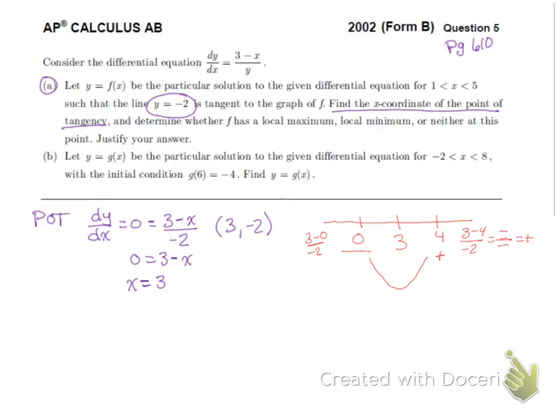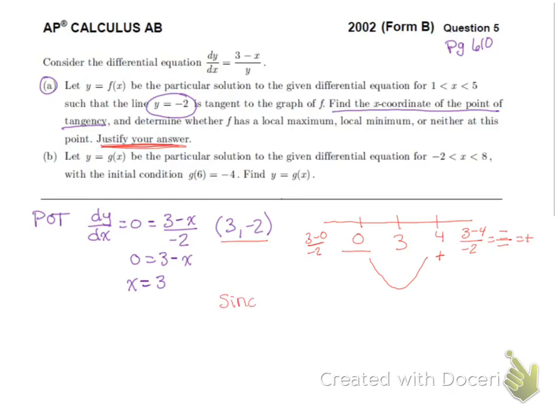Okay, justify your answer. I cannot say that enough. Okay, you must justify your answer. How do you know that that point, (3, -2), is a minimum?